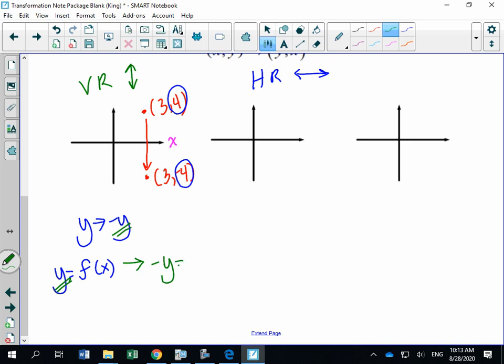So negative y = f(x). If you solve for y, dividing both sides by negative 1 to isolate y, we get y = -f(x). So if you see this, that means that y became negative, so y went to negative y, and this is a vertical reflection.